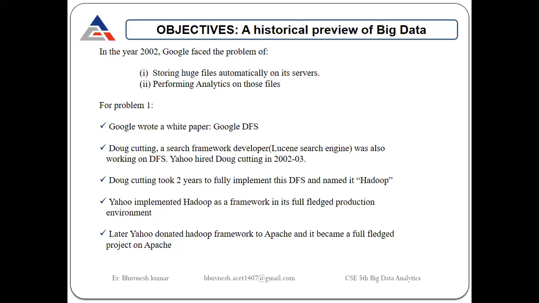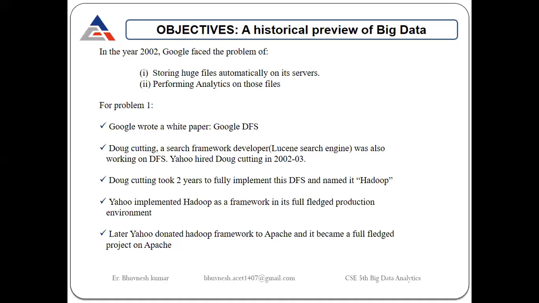Yahoo hired Doug Cutting in 2002 and 2003. Yahoo is also an organization, and initially Yahoo hired Doug Cutting, a researcher or framework developer who was working on distributed file systems.